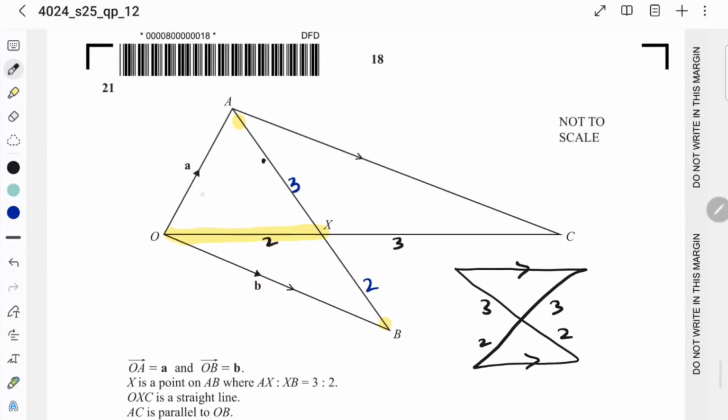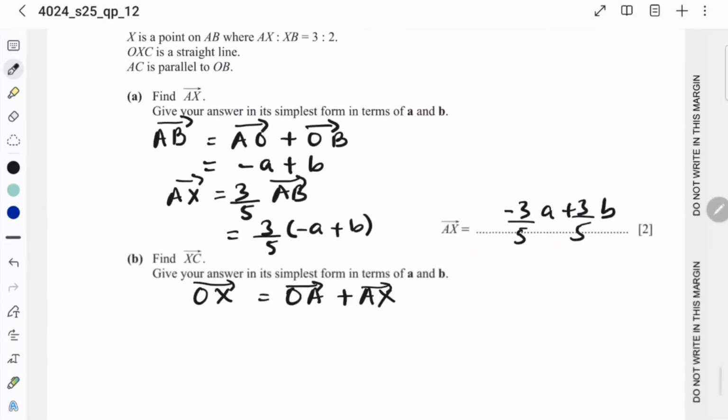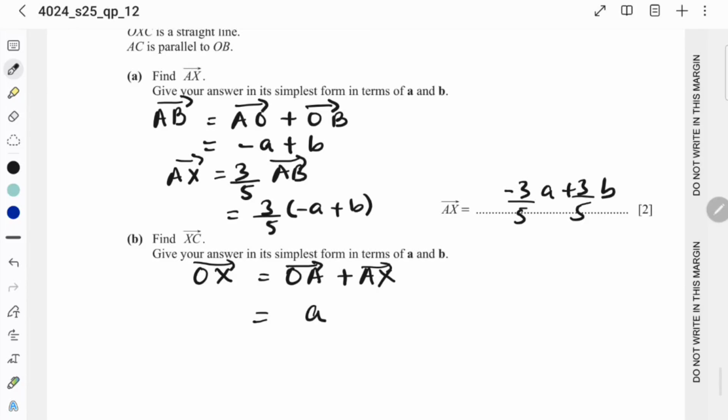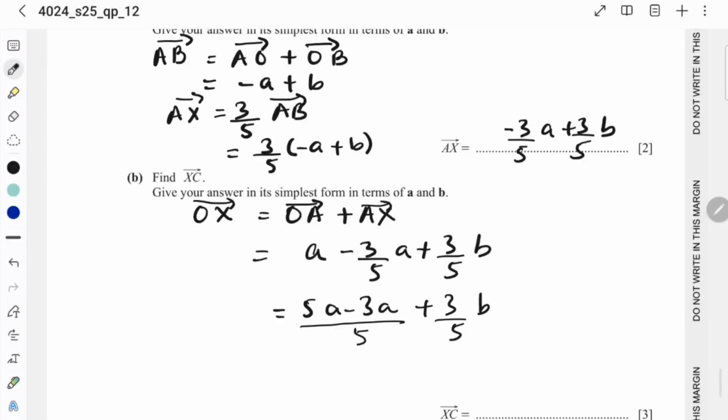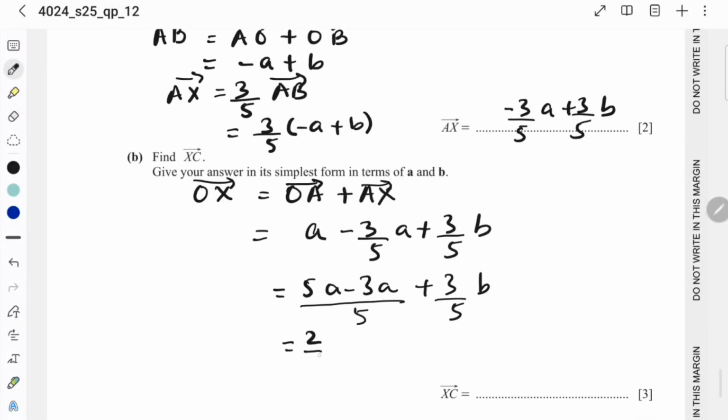OA is A, and AX we found here. Now just write down minus 3 upon 5A plus 3 upon 5B. 5A minus 3A upon 5, I took LCM here, so that is equal to 2 upon 5A plus 3 upon 5B. So I found OX.